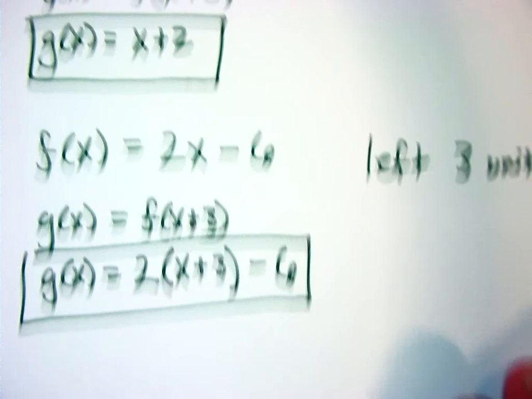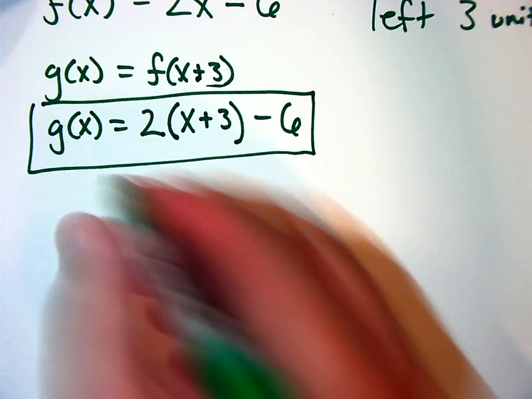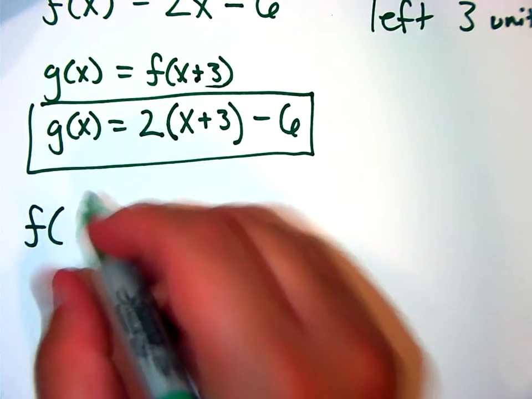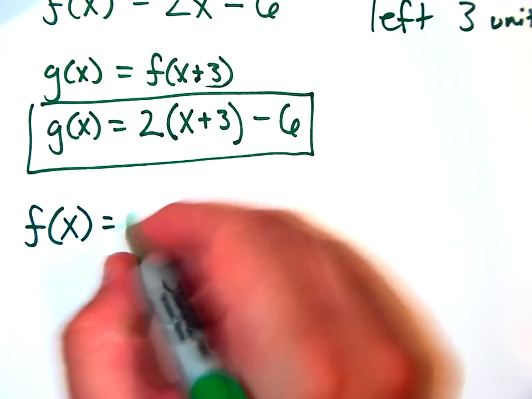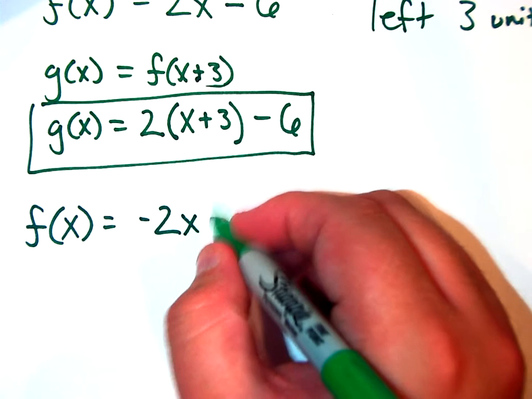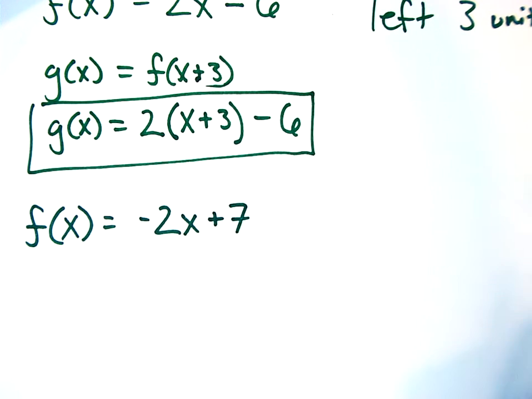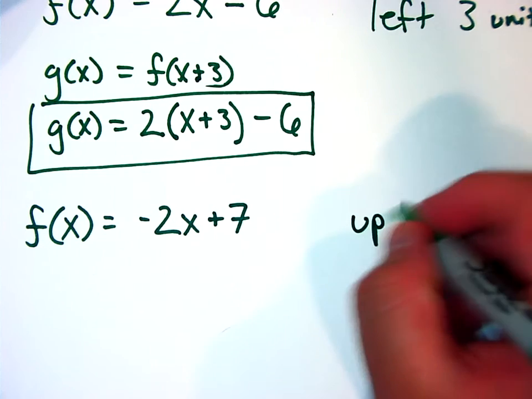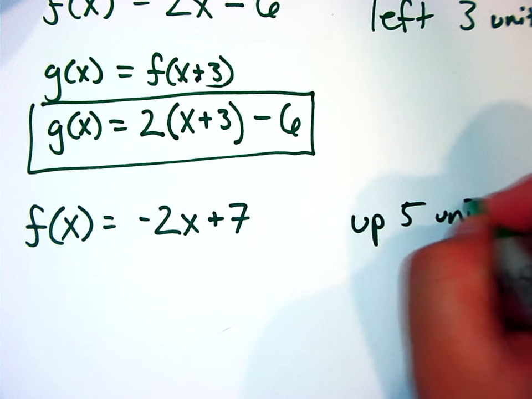All right, for the last example, we're going to keep this short and sweet. Let's say f of x equals negative 2x plus 7. What if instead of moving something left and right, we want to move something up 5 units?